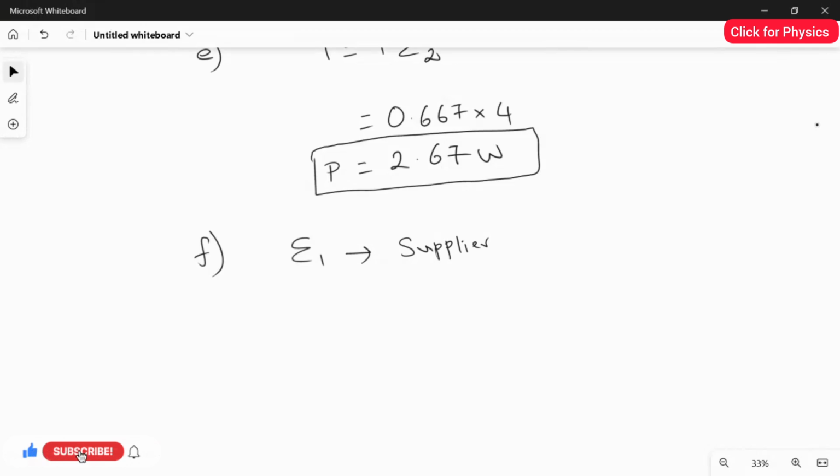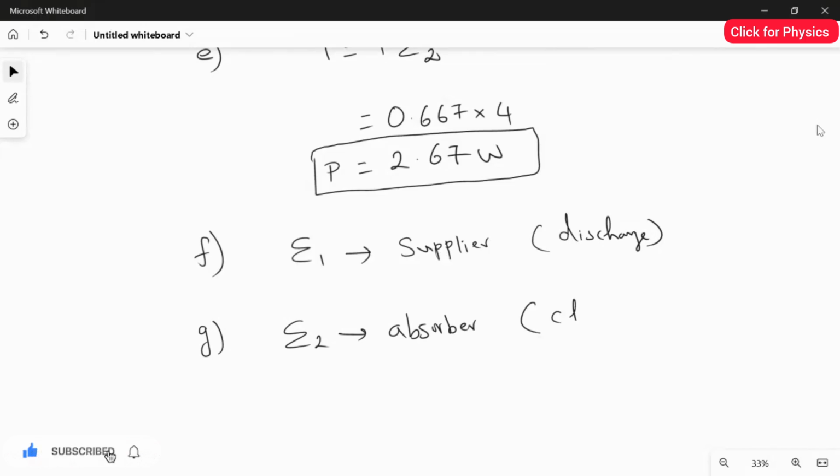That means the E1 battery is going to discharge because it is providing the energy, right? Likewise, in the seventh question, your E2 battery is the absorber, so it is going to be charging.